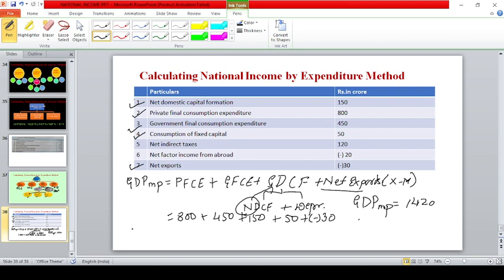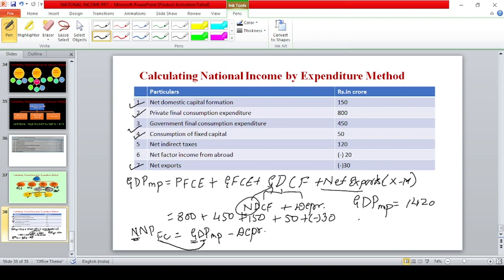Now let us further calculate NNP at FC, which is also nothing but national income. We are going to calculate it with the help of GDP at MP, which we have just found out. Now let us see how we are going to solve this. In order to get net from gross, we are going to subtract depreciation.